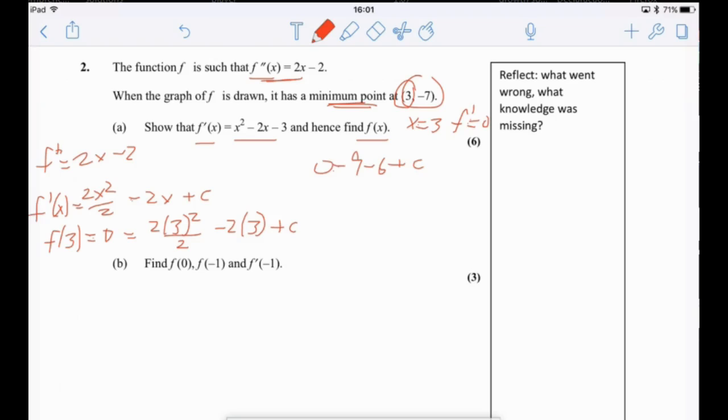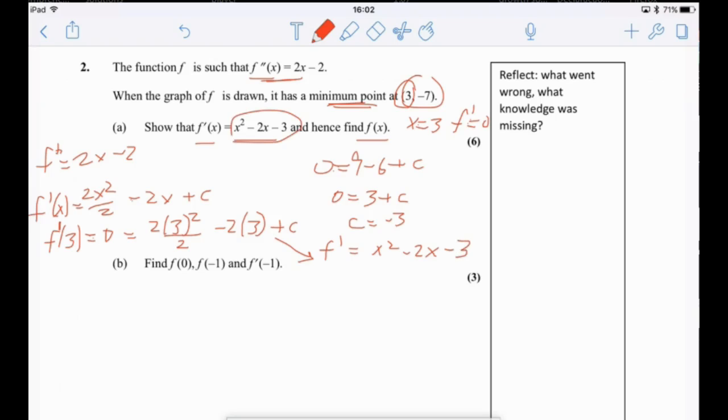So that's 0 equals 3 plus c. c is equal to negative 3. So we could rewrite our f dash function as x squared minus 2x minus 3. And hey, that's what we're expecting to get.